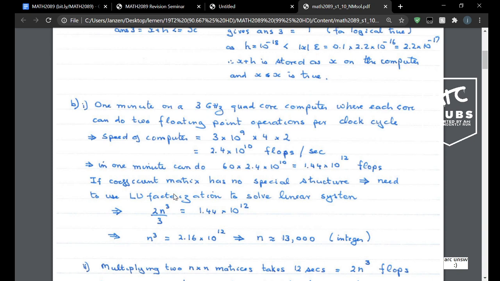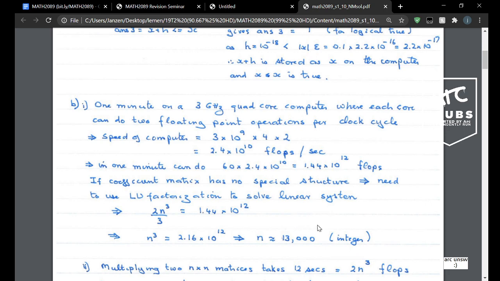Again, because the matrix has no special structure, we have to use LU factorization. We're trying to find the largest value of n such that this LU factorization can be done in 1 minute. So we're equating the total number of flops per minute to the computational complexity of LU factorization, isolating the n cubed, and solving for n, which reveals that it's around 13,000.